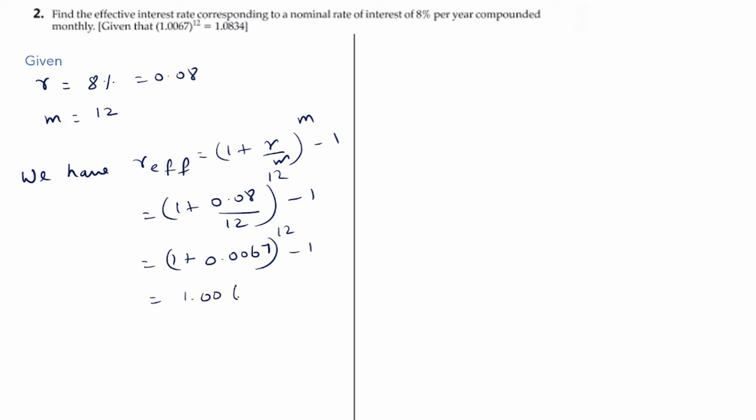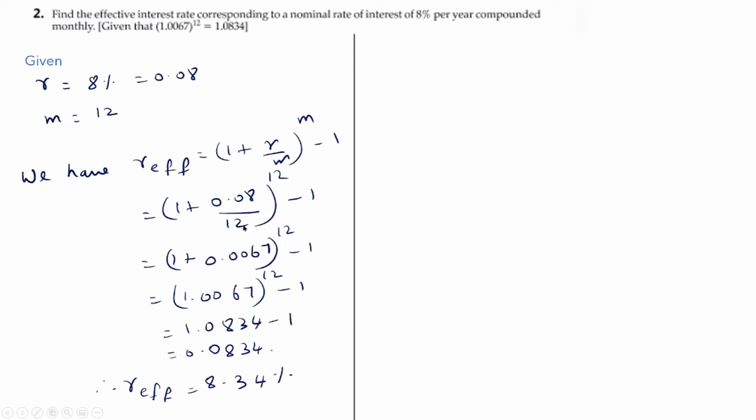Here 1.0067 the whole raised to 12 is given in the question. It is 1.0834 minus 1, or 0.0834. Therefore, R effective is equal to 8.34%. Writing the formula carries 1 mark. Substituting the values, remaining steps, and the final answer carries 1 mark.